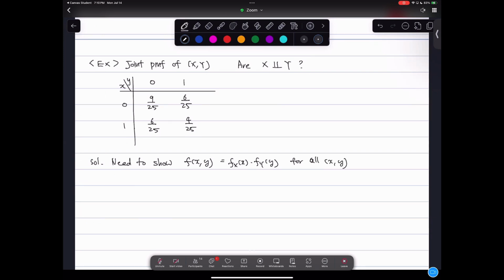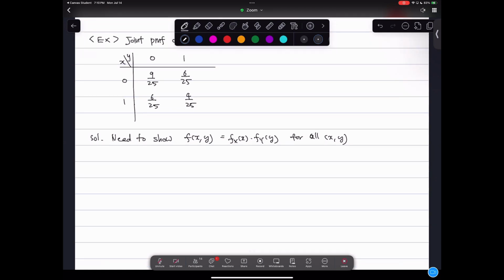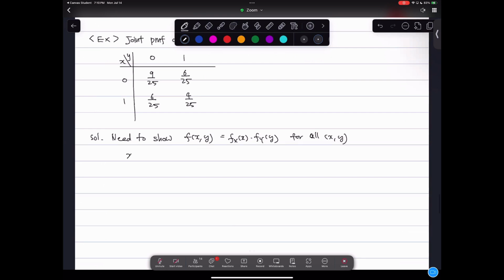So we have x 0, 1 and y 0, 1. I have to get all pairs, so I have 4 different cases: 0, 0, 0, 1, 1, 0, and 1, 1.